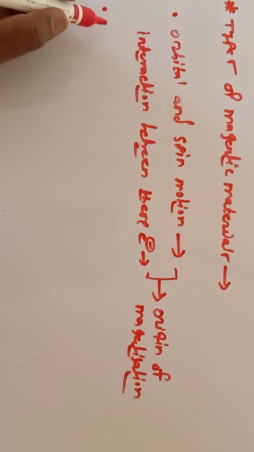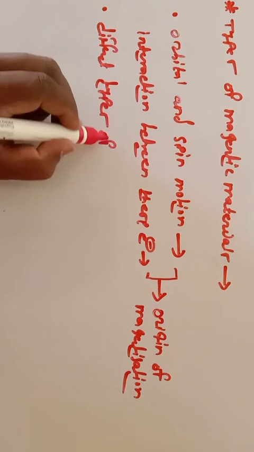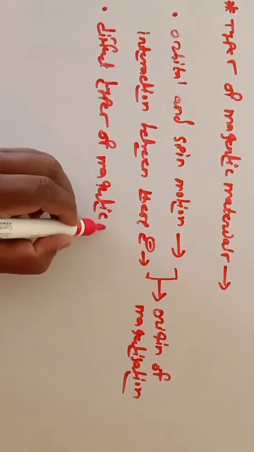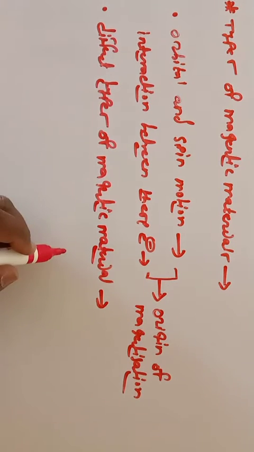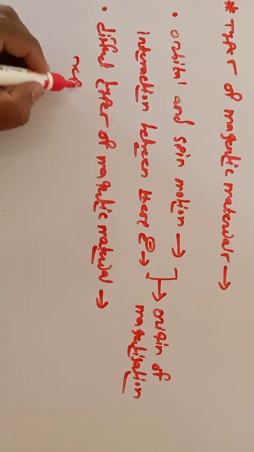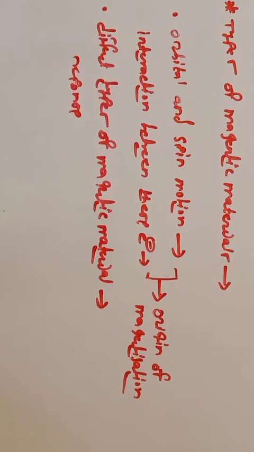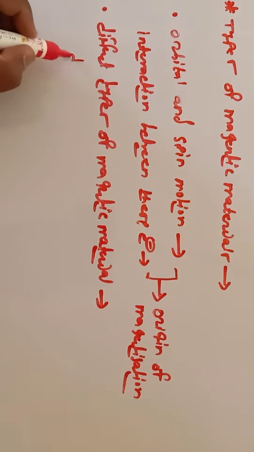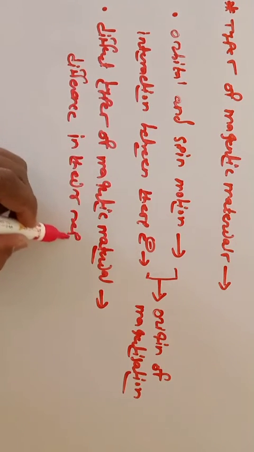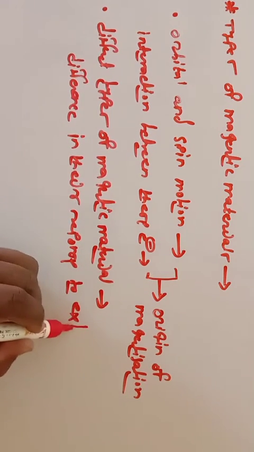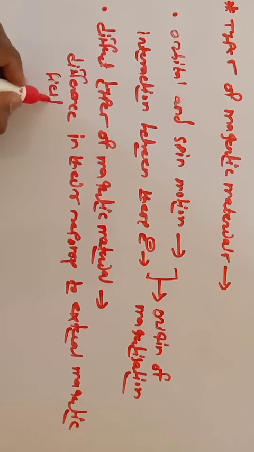The second important point is that different types of magnetic materials are due to the difference in their response to external magnetic field. So this is also an important point.